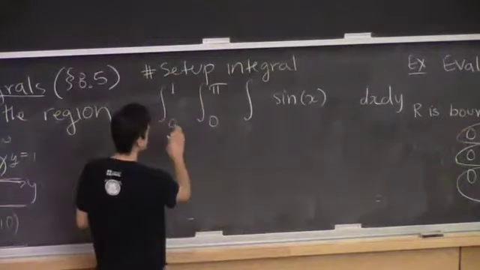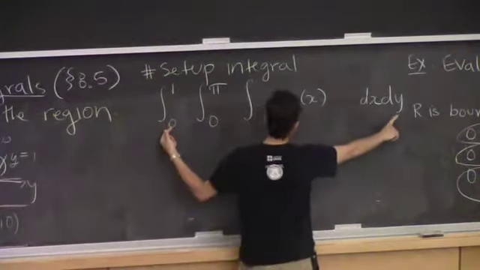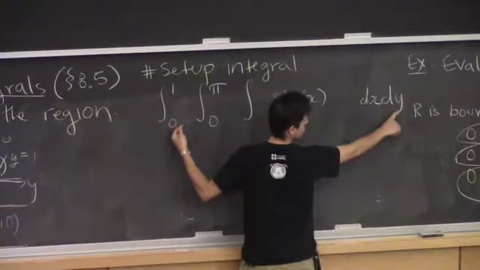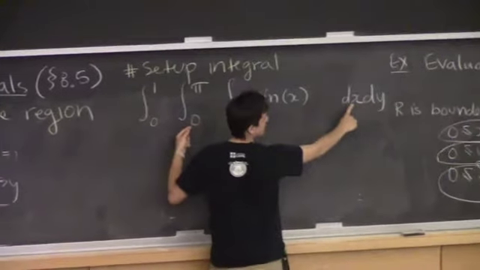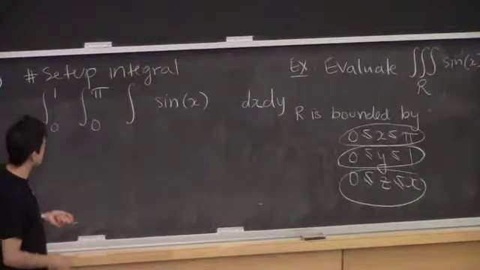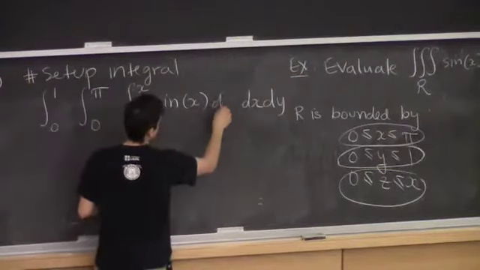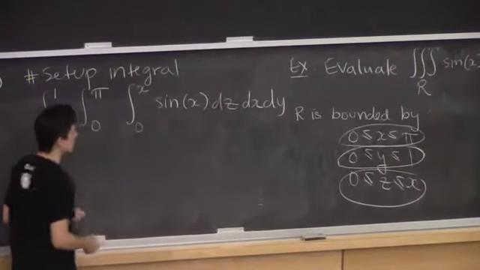Okay, so that's set. So we have to put them so that the order matches, right? So that the y bounds happen with dy, the x bounds happen with dx, and then our last bound is from 0 to x dz.